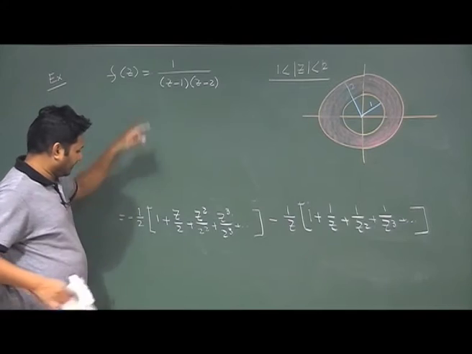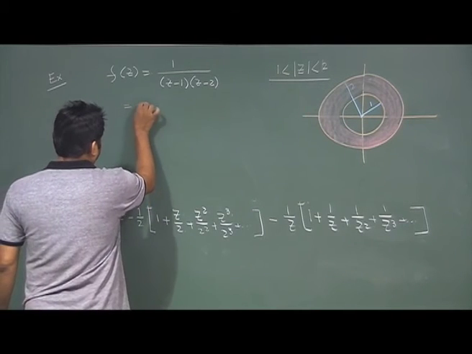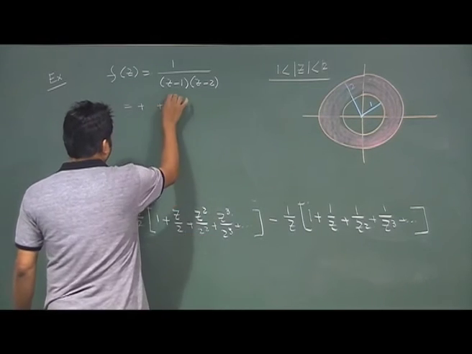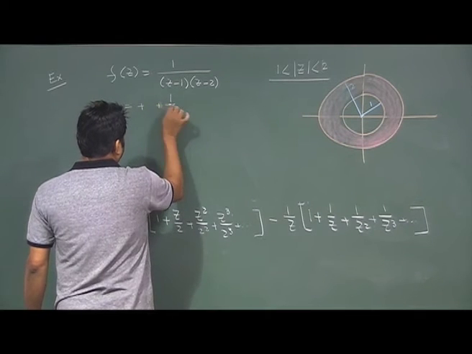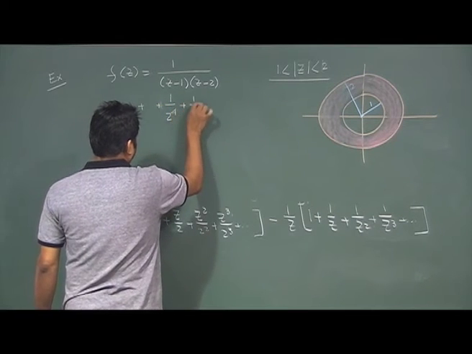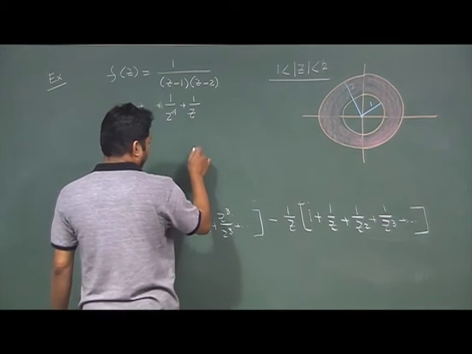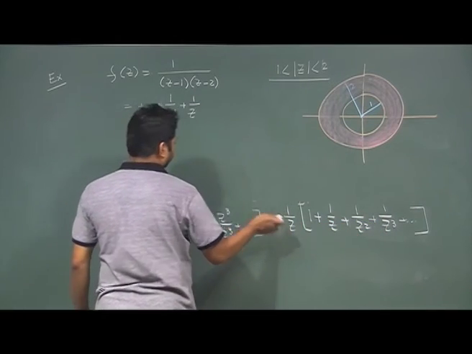So, this function eventually comes out to be something like this, plus dot dot dot plus 1 by z to the power 4 plus 1 by z to the power of, if I take this term, this term, this term and this term, there will be 4 terms.